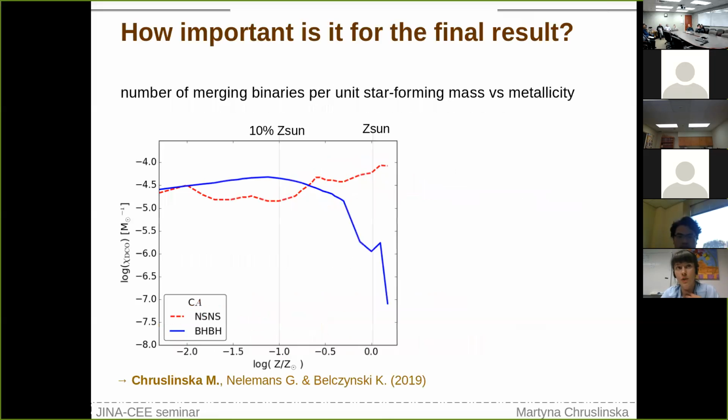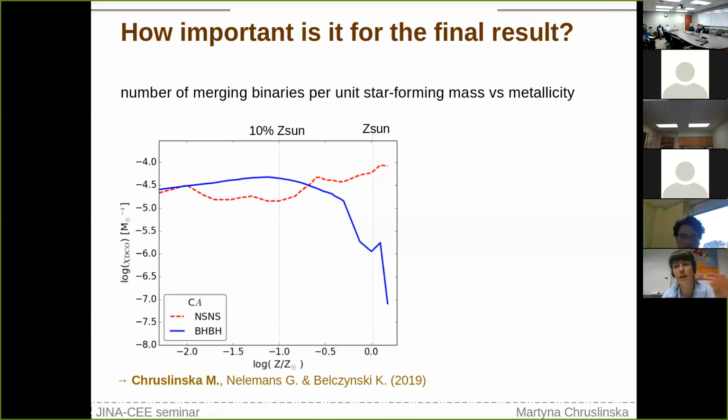So what I'm showing now is the number of merging binaries, double compact objects, that form per unit of star forming mass as a function of metallicity. Looking at the blue line, which corresponds to double black holes, you can clearly see that metallicity is an important factor here.